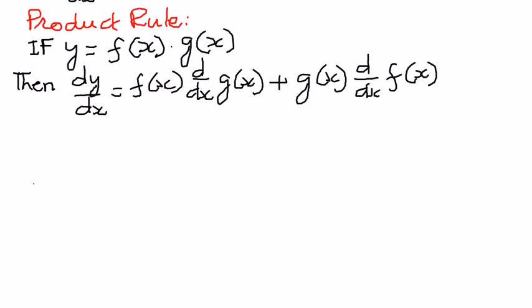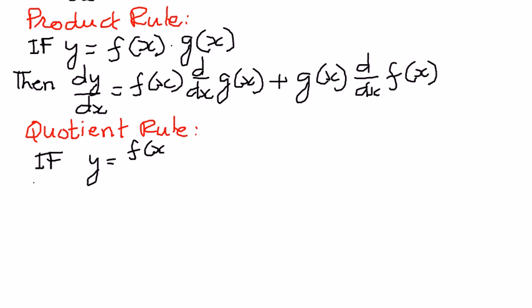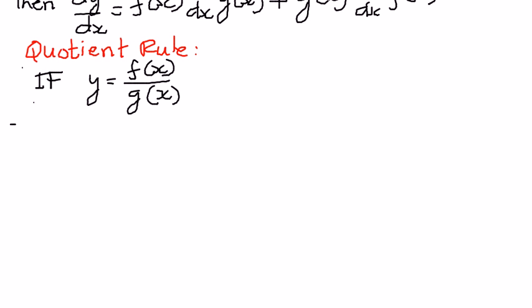Then the other rule is called the quotient rule. Let me write it here, quotient rule. If y is a quotient of two functions, f of x in the numerator and g of x in the denominator, then the derivative of this function can be written out as follows.